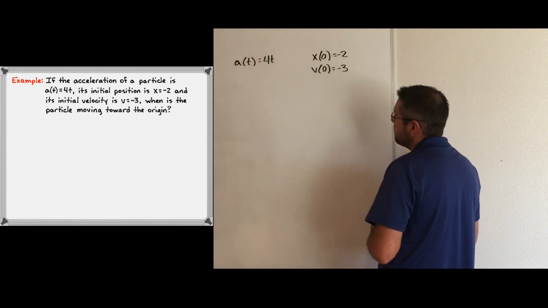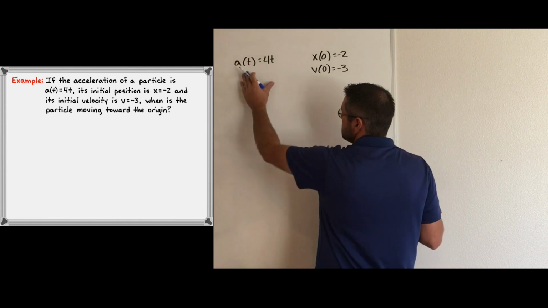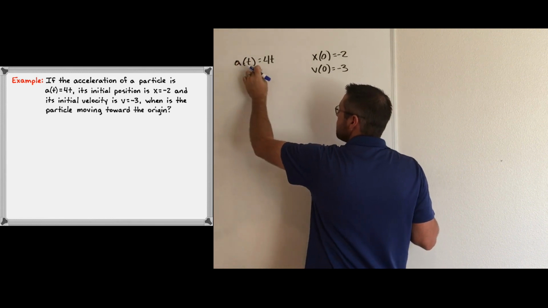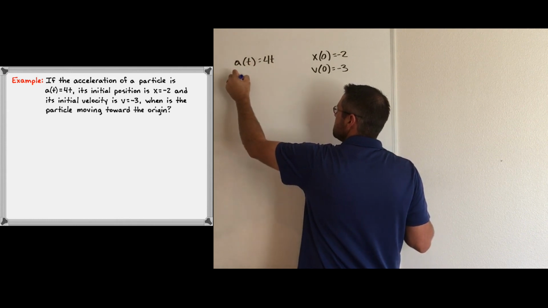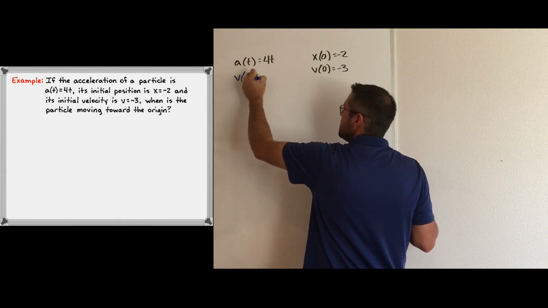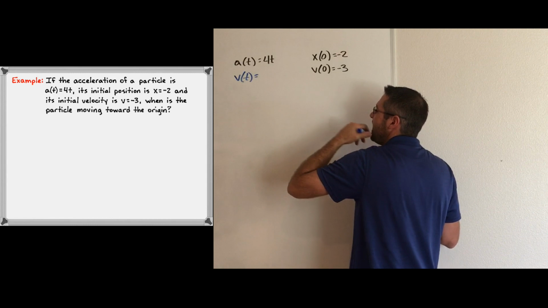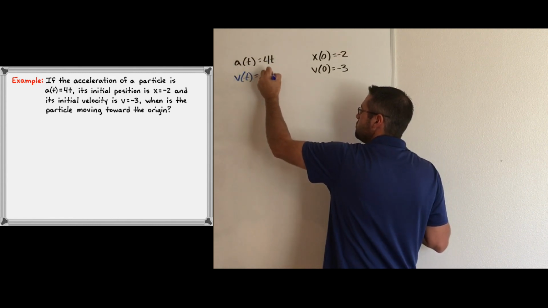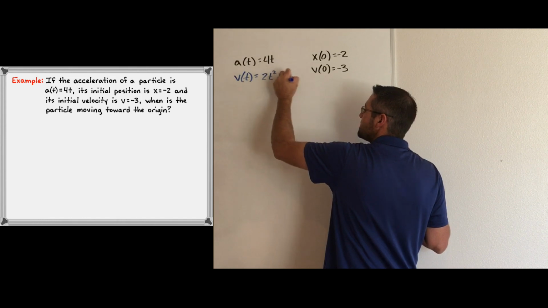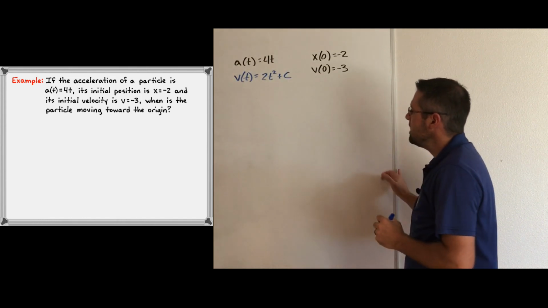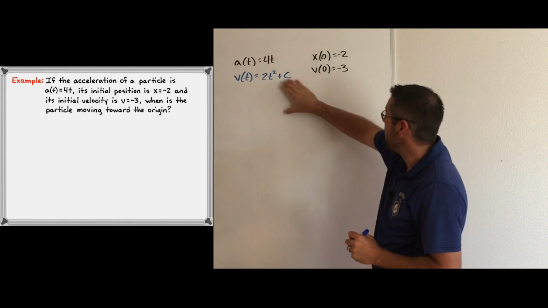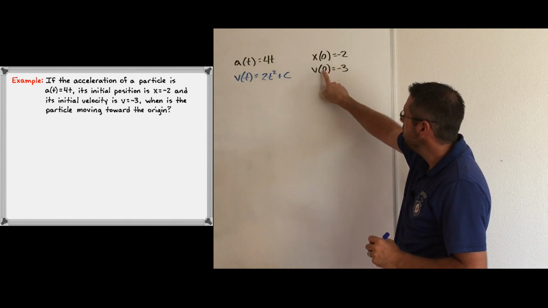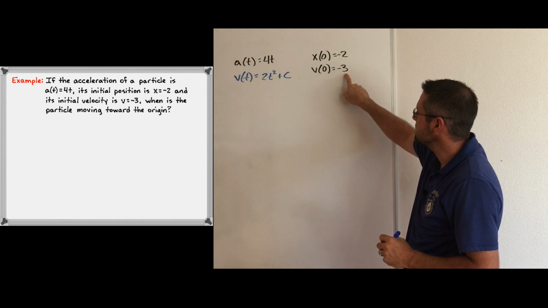So we need to figure out our position function and our velocity function given a of t. Well, we know that acceleration is the derivative of velocity. So v of t is going to be the antiderivative of a of t. The antiderivative of 4t is going to end up being 2t squared plus c. Right now I have enough information to figure out what c is, because I know when time is 0, the velocity is -3.